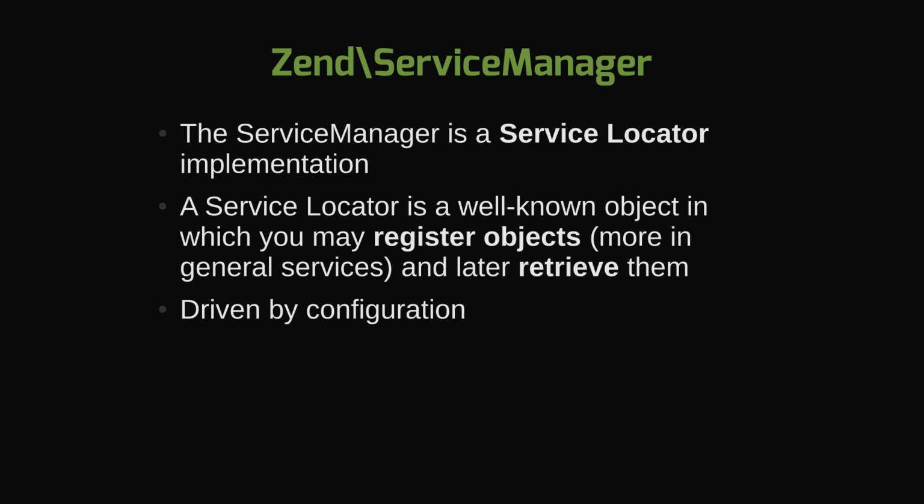The service locator is a storage where you register your object and you retrieve the object from the service manager when you need. Everything is driven by configuration, so it's very simple to create new services. For instance, if you have to create a new database connection, you just edit a configuration file, and that's it. You don't have to write a lot of code.